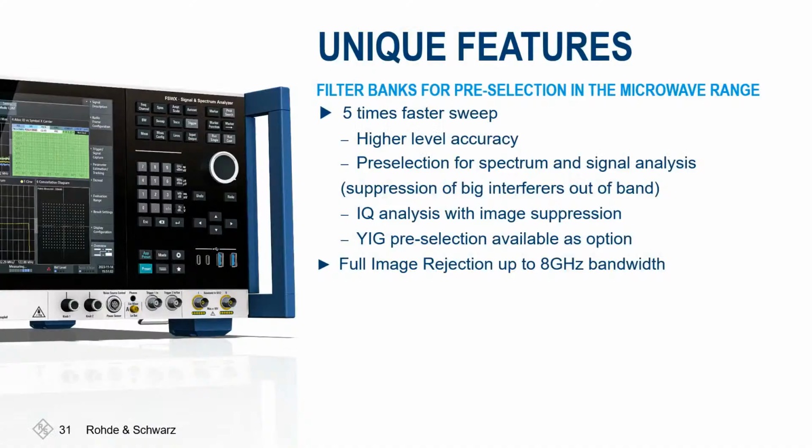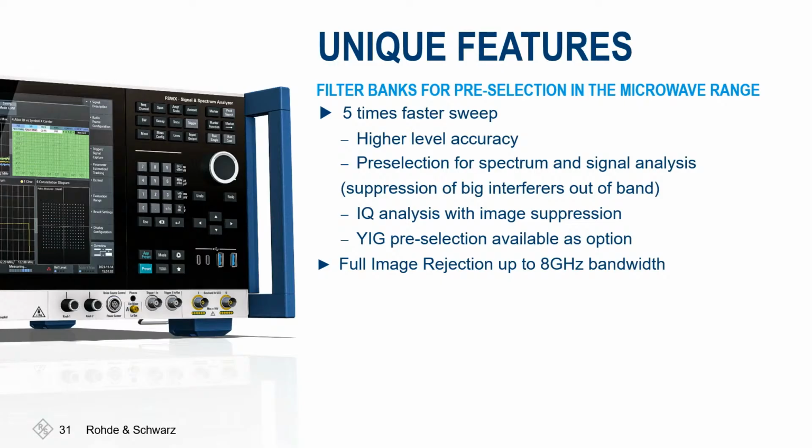Another unique feature which comes with the FSWX, which is especially designed for wideband applications, is that instead of YIG preselection in the microwave range, we have filter banks for preselection for the whole frequency range. The YIG preselection normally has ripple and frequency response, and so you get rid of all this frequency response.